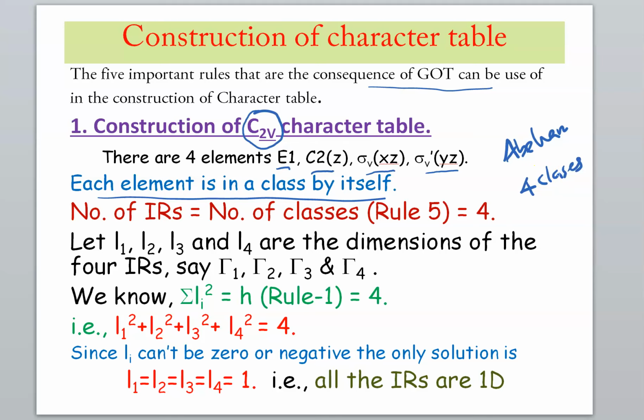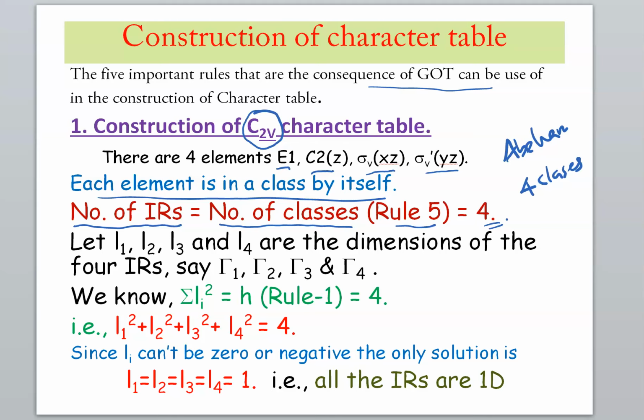We have studied from the great orthogonality theorem, rule 5, that the number of irreducible representations is equal to the number of classes. Here the number of classes is equal to 4. Therefore, there are 4 irreducible representations in the C2v point group.